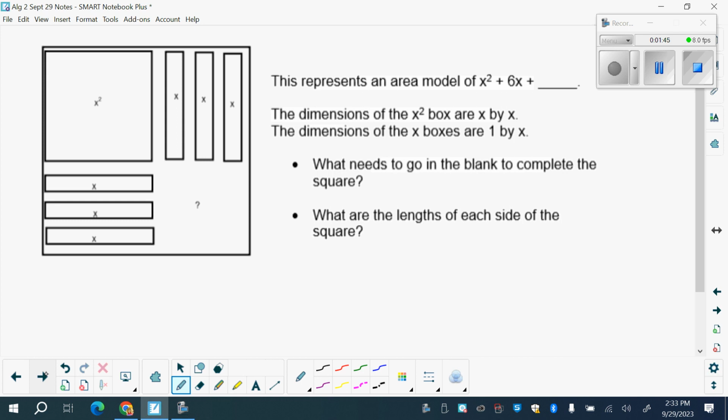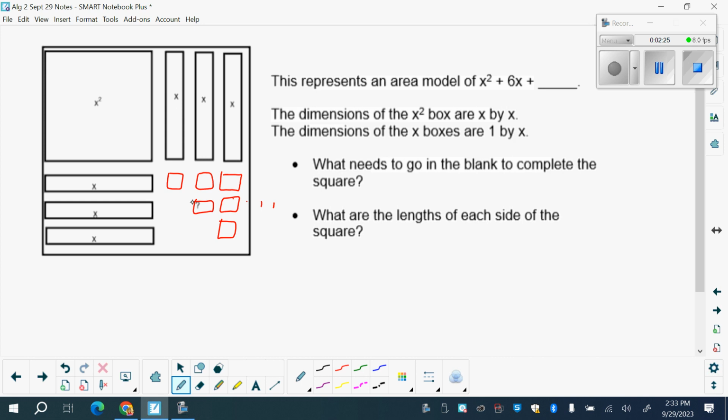And then we have an x squared, and then we have 6 x's. 1, 2, 3, 4, 5, 6 x's. So if we wanted to put some units inside here to make a square, how many of the little boxes would we need to put in there to make a square? 3 by 3, right?